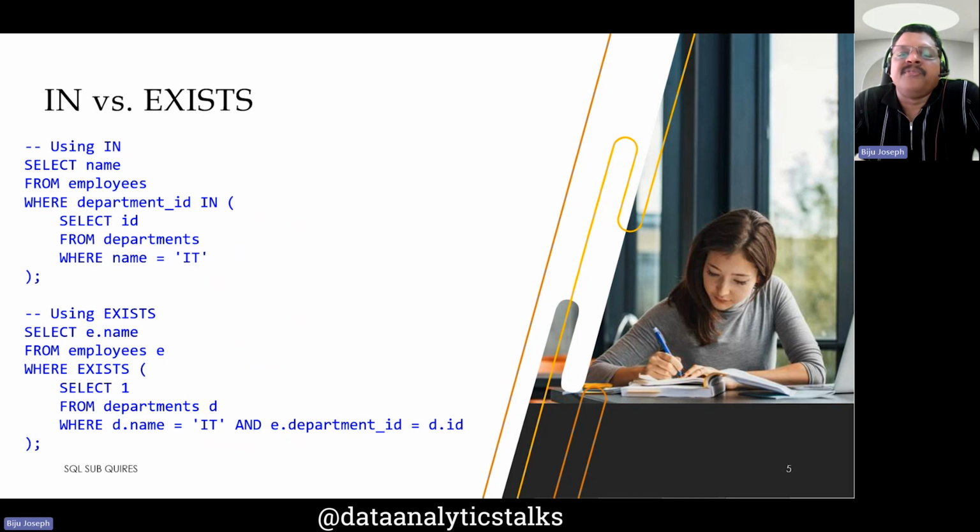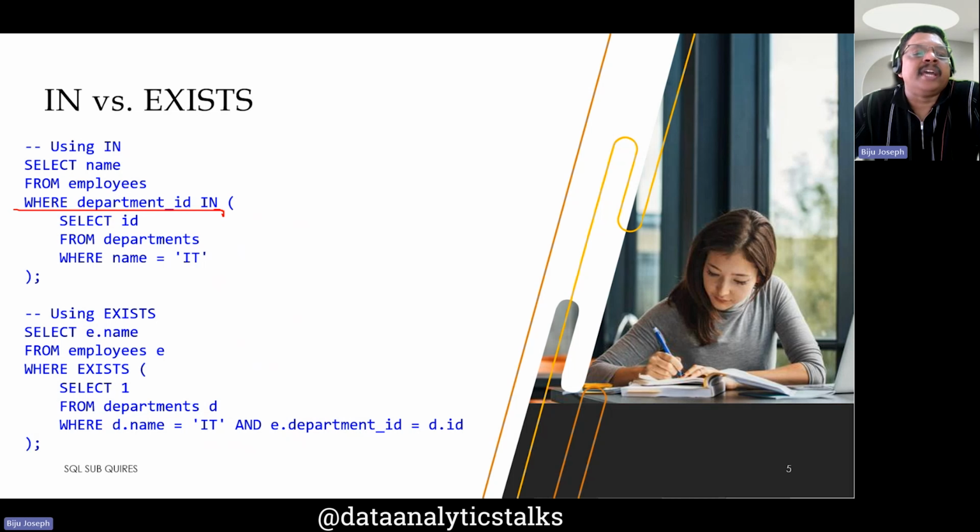EXISTS is typically more efficient because it stops as soon as it finds a match, whereas IN might process the entire list. For example: select name from employee where department ID in (select ID from department where name equals IT).